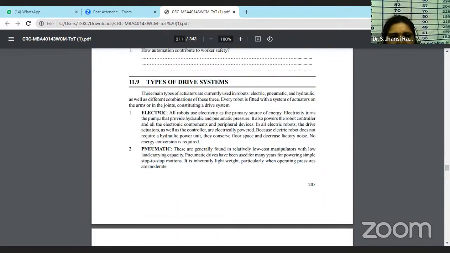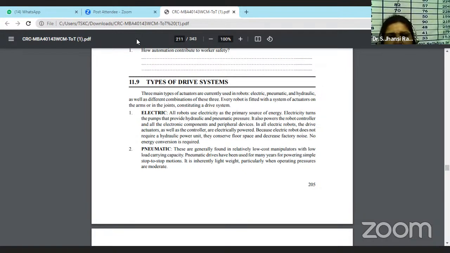Next, we have types of drive systems. When we talk about drive systems, we have three main types of actuators currently used in robots: electric, pneumatic, and hydraulic. Apart from this, we have different combinations. Every robot is fitted with a system of actuators on the arms or in the joints, consisting of a drive system.